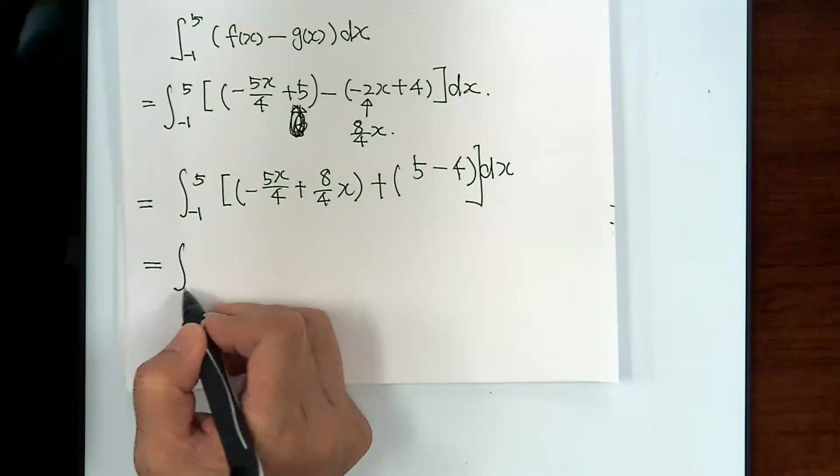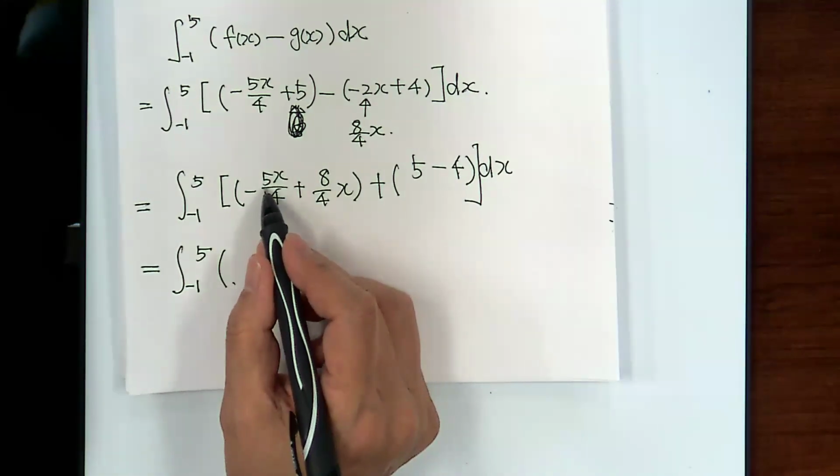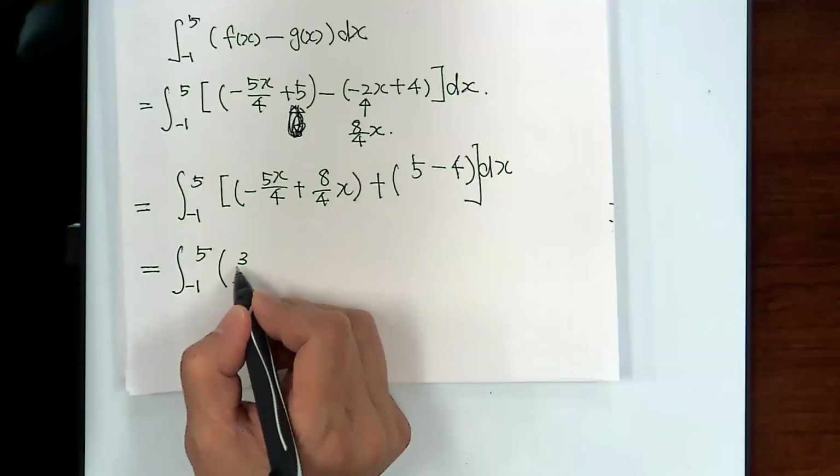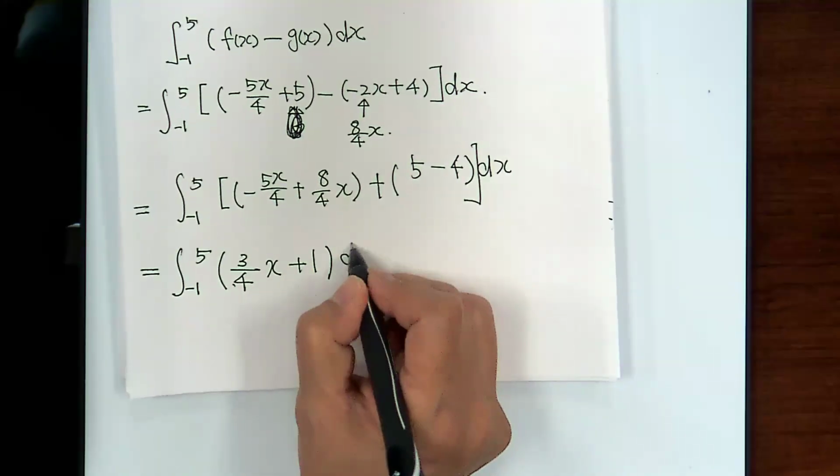So that is from minus 1 to 5 of minus 5 plus 8, which is 3 over 4x, plus 1 dx.